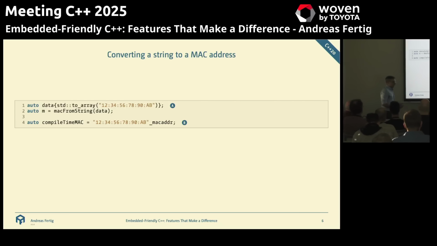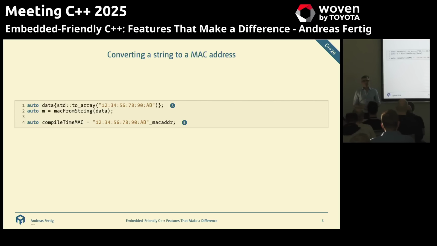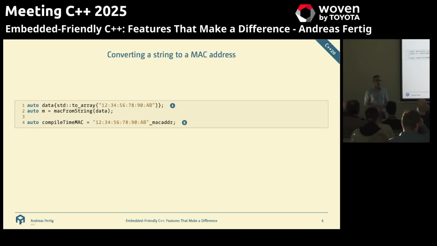We have the MAC address, and that means we need to create MAC address objects. I showed you the struct before. I mean, it's just a std array, but we need to get somewhere to this std array. So how to do that? Usually we start by maybe the user putting in a C string literal-like string, or we have one in the code base already for a couple of well-known things.